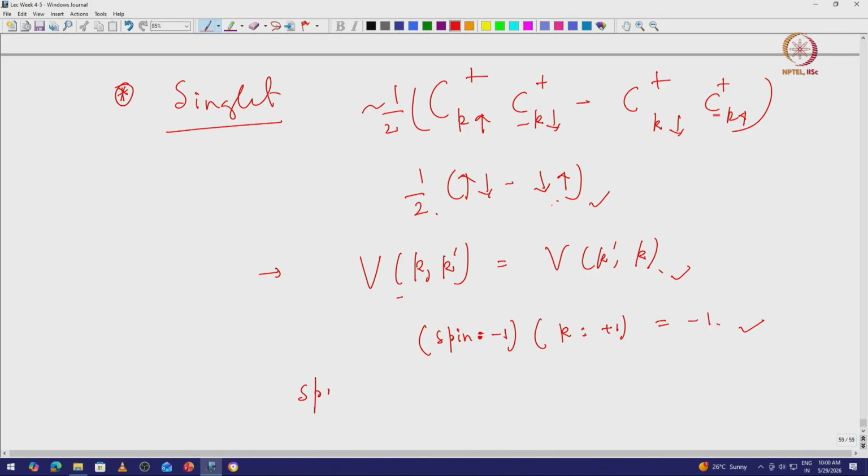So spin singlet is even in momentum, called even parity. Generally, you can have S wave, which means there is no momentum dependence, it is a local pair.